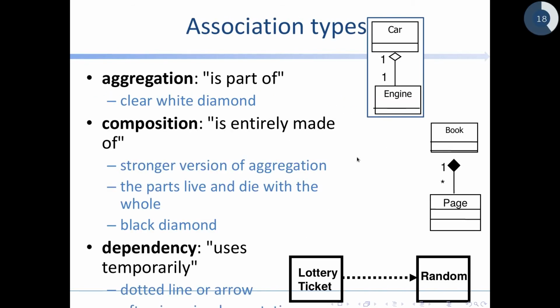Other association types are aggregation, composition, and dependency. So here's the thing. Aggregation and composition are very similar concepts. Both of them mean something is made of something else. However, with aggregation, it's only a part-of kind of relationship. So like the car has an engine, but the car also has other stuff, right? It has doors and wheels and other things.